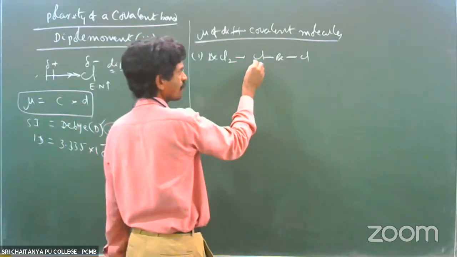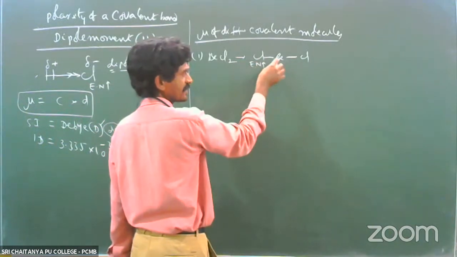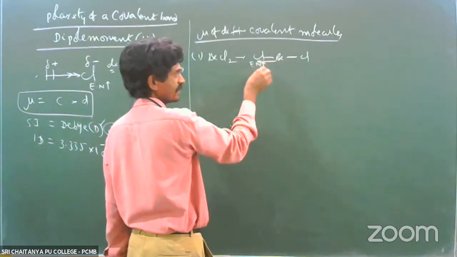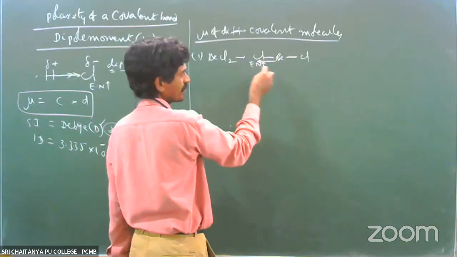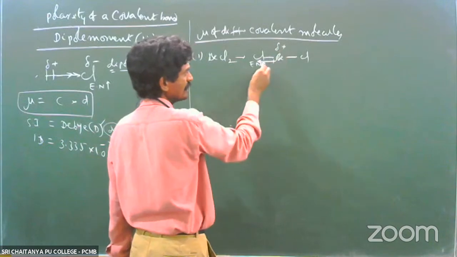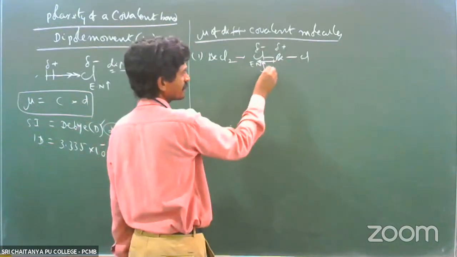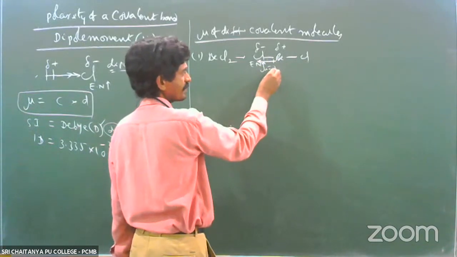Chlorine is more electronegative, so the bonded electron pair, that is the electron cloud, moves more towards it. The bond dipole points towards the chlorine atom, with the tail end at the partial positive and the arrow towards the partial negative. The dipole moment of this bond is some x value.